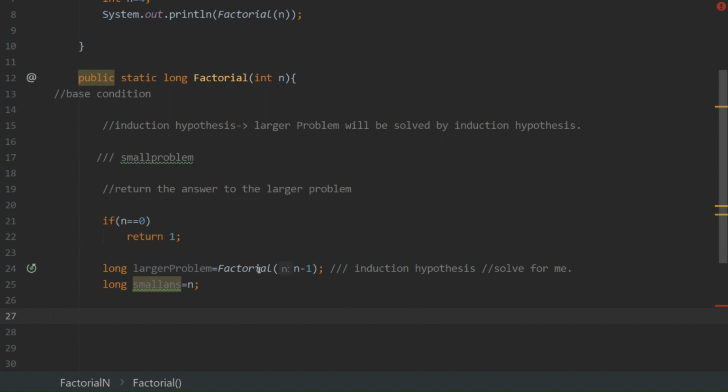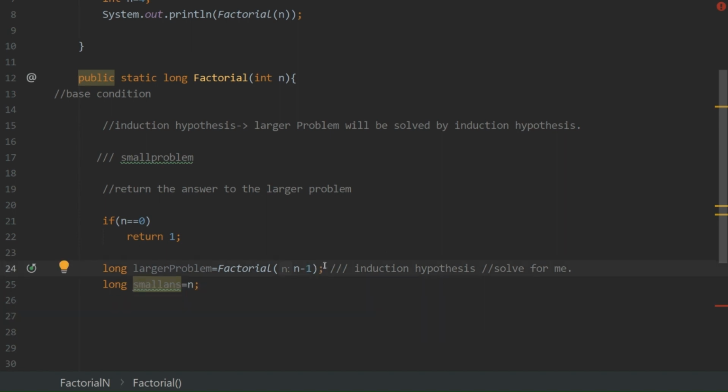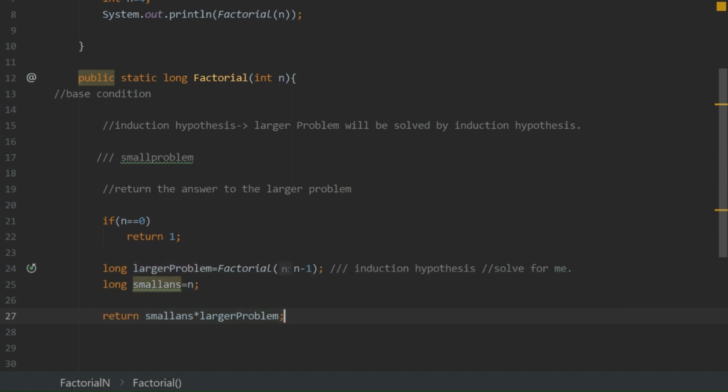So guys, for every recursive question, just try to come up with the induction hypothesis. You just solve the smaller problem and get the smaller answer. Once we get the answer from the recursion or induction hypothesis, we just return the small answer into the larger problem that we did not solve.